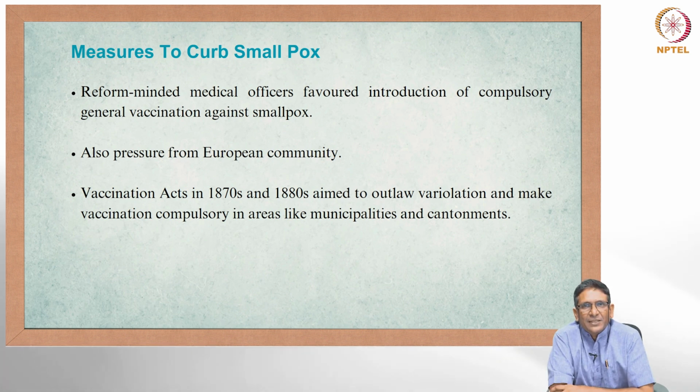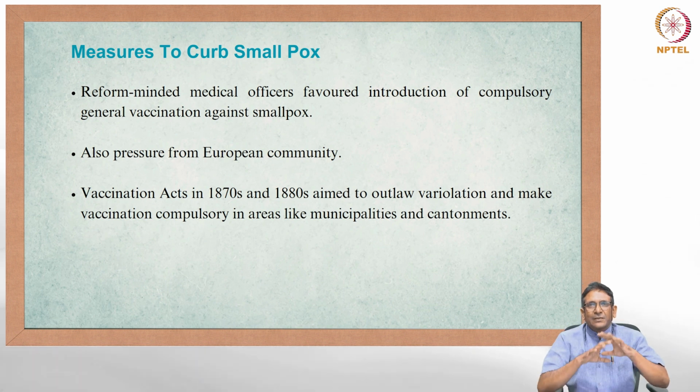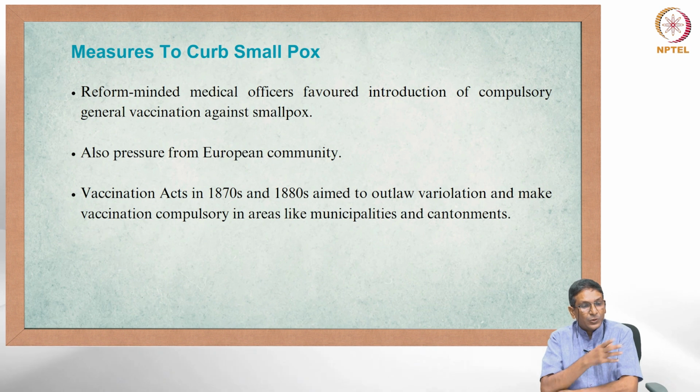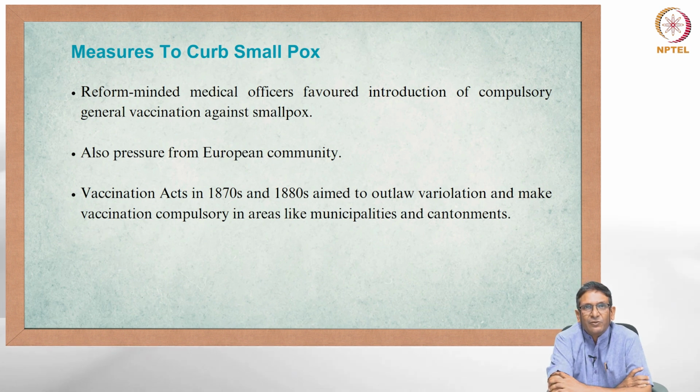So, what were the measures? Of course, vaccination had come, but then there had to be some organized measures and policies to curb smallpox at a broader level. One of the methods suggested was the introduction of compulsory vaccination against smallpox.